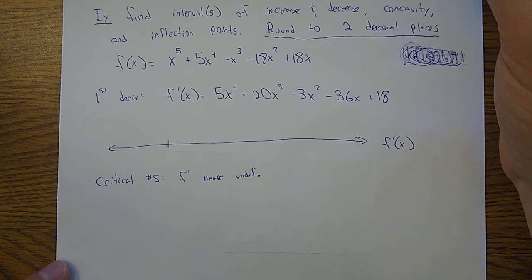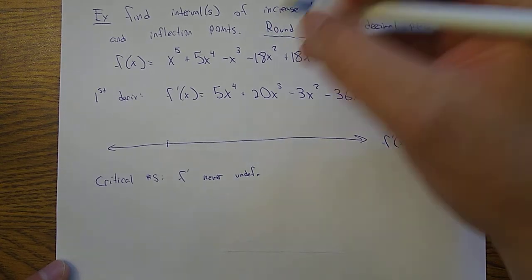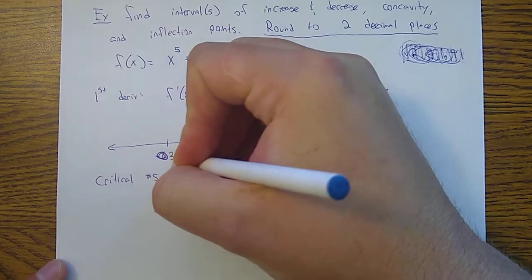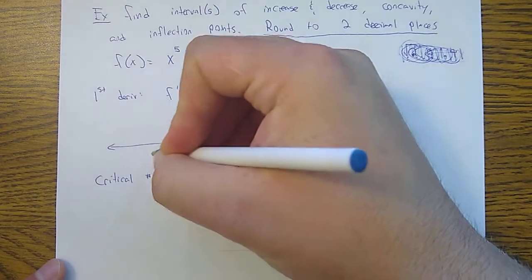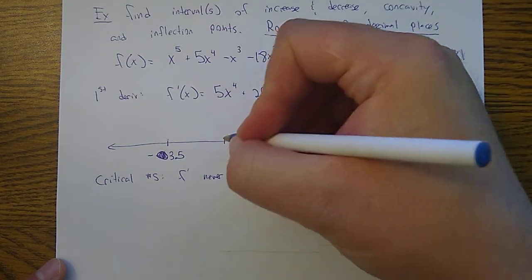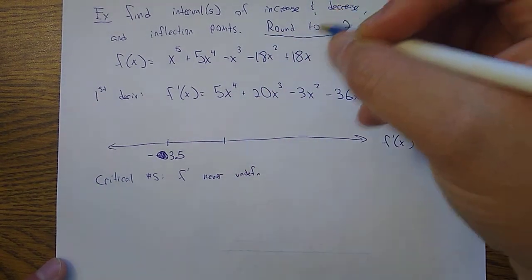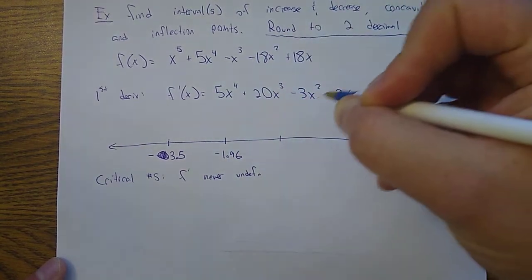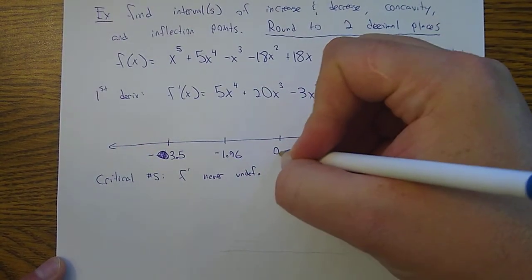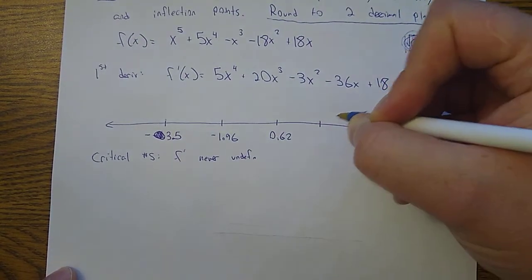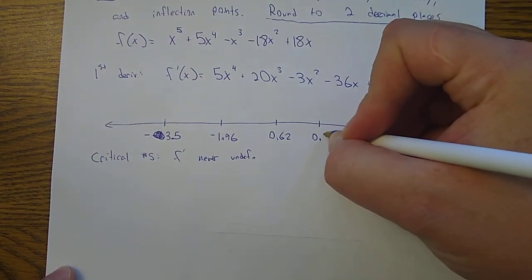So -3.499 would still get rounded to -3.5. And then there's -1.96, and then there's 0.62, and then there's 0.84.